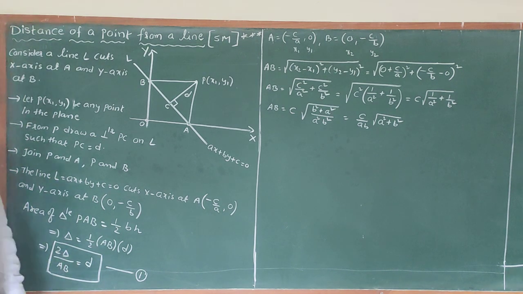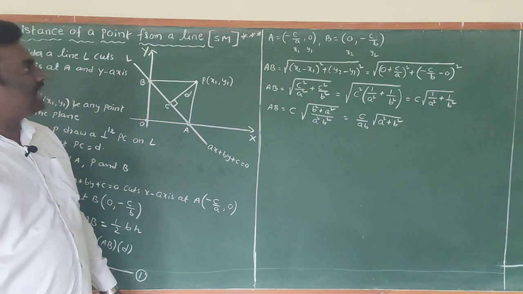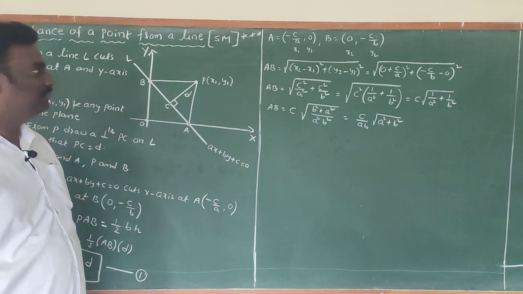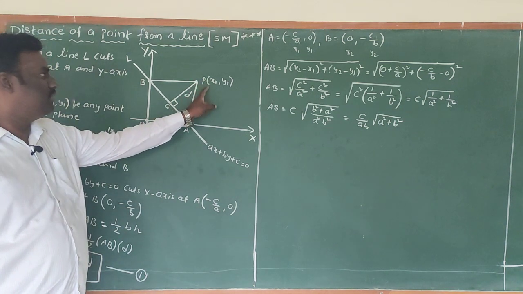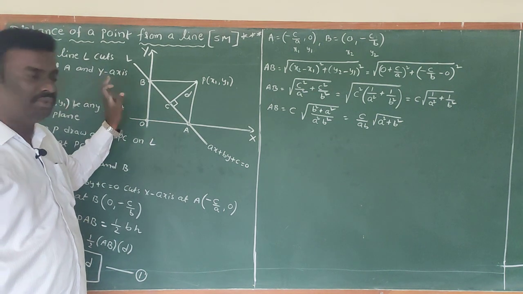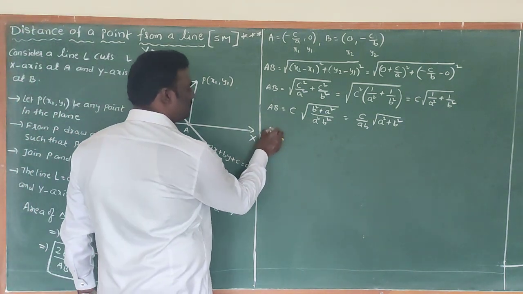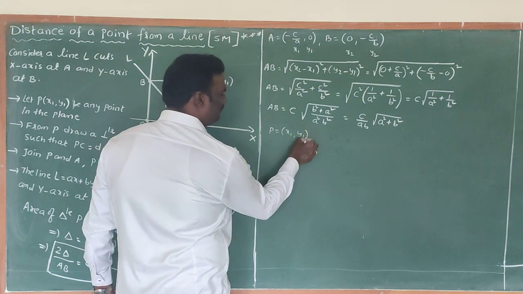Next, what value we need to find? Delta. Delta is nothing but area of the triangle. Here already we know the points. Which points? P point we know, A point we know, B point we know. Okay. P point is x1 comma y1.